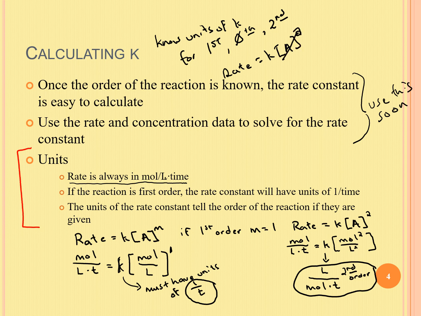Well, remember, anything to the 0 power is just 1 with no units. So really, that just is rate is equal to K. And so K would have units of moles over liters times time, by the way. You need to memorize those three if you can't work those three out.